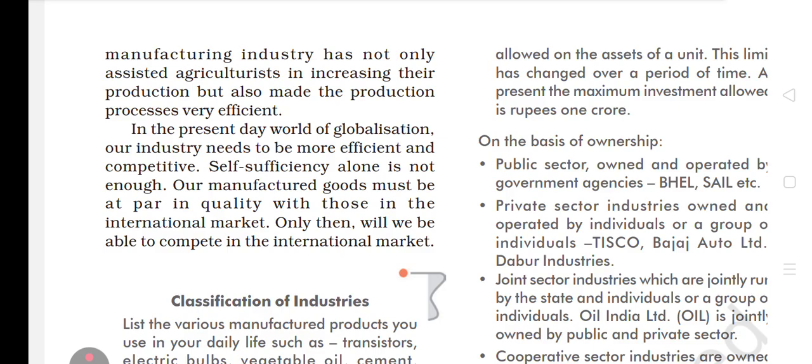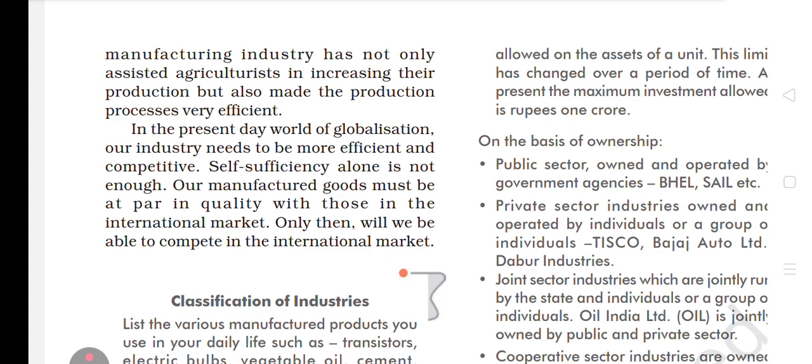In the present day world of globalization, our industry needs to be more efficient and competitive. Self sufficiency alone is not enough. Our manufactured goods must be at par in quality with those in international markets. Only then will we be able to compete with the international markets.